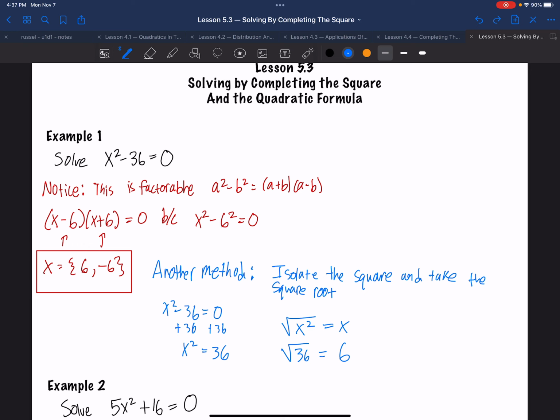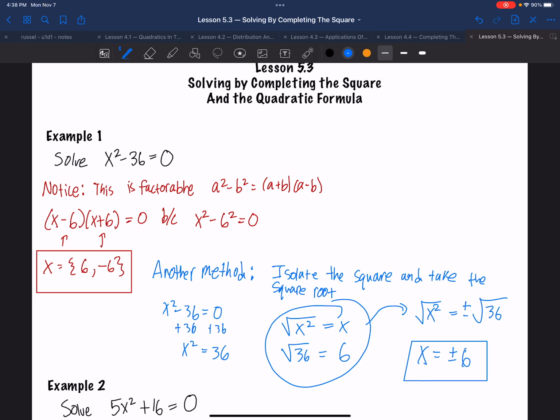So actually, when I do this, let's circle it and say, when I do x squared and I take the square root of that, and I say here's the square root of 36, I must account for the positive and negative solution. I will write plus or minus. And so this becomes x equals plus or minus the square root of 36, which is positive or negative 6.